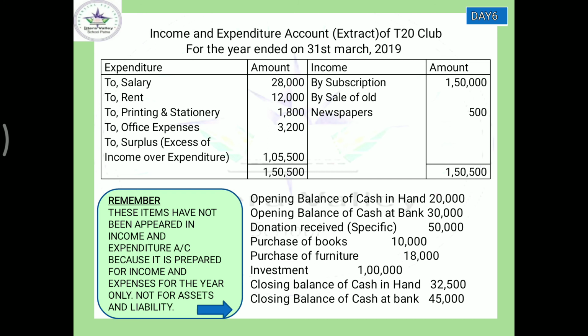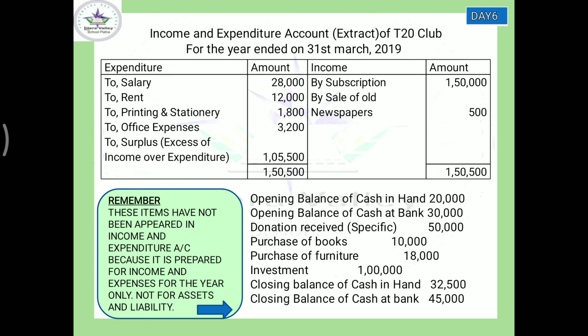Okay. Now see the information in the box: opening balance of cash in hand, opening balance of cash at bank, and donation received, which is specific. Why has donation not entered in the income and expenditure account?